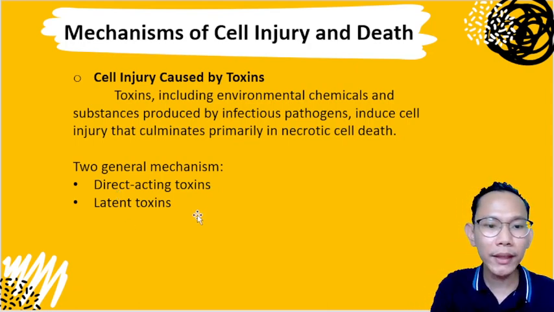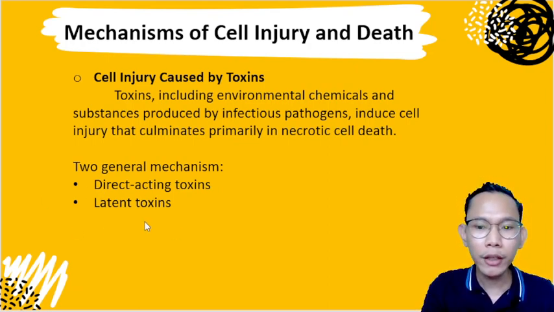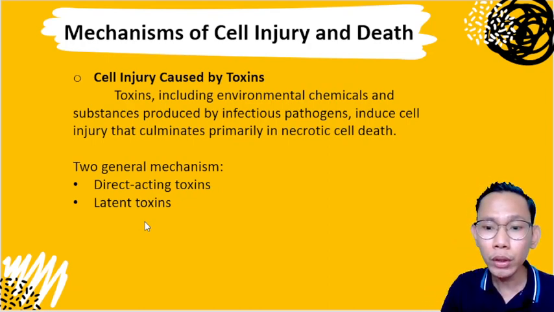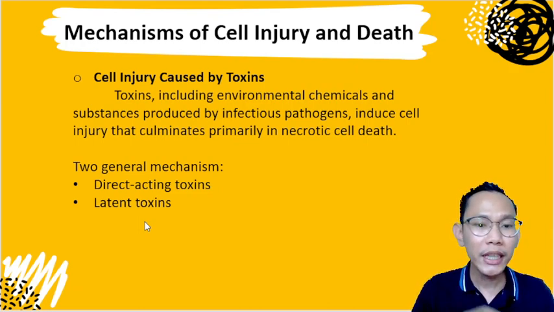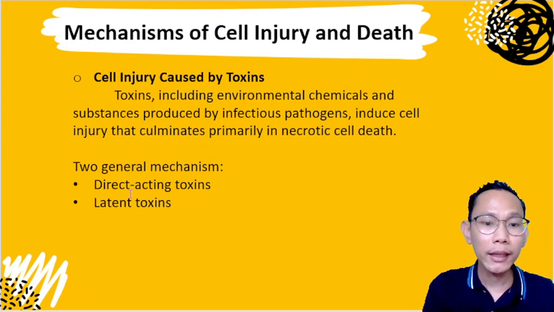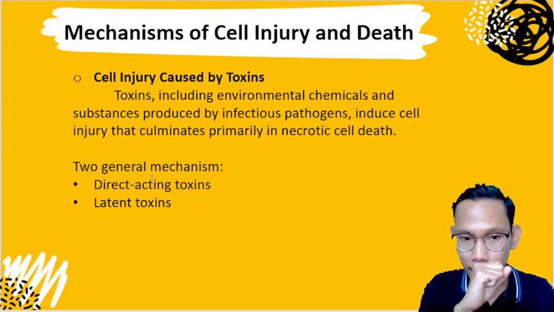Kaya tinatawag natin na latent toxins. For example, your carbon tetrachloride. So your carbon tetrachloride will be converted by the liver into free radicals. So si liver yung nagko-convert sa kanya into your free radicals. That's why it becomes your latent toxin, from an inactive metabolite to become an active metabolite.